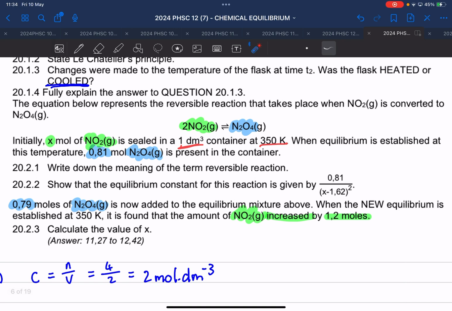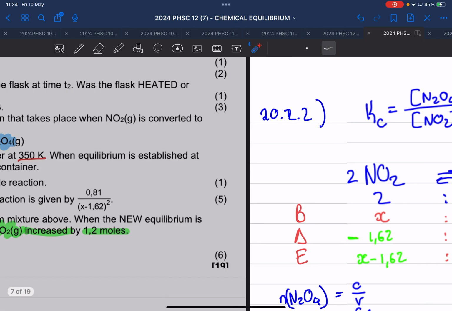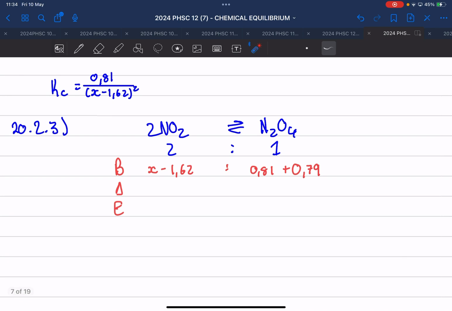Let's see what else they said. When the new equilibrium is established, it is found that the amount of our reactant increased by 1.2 moles. So that means our change is 1.2 moles. So at the end, we would have x minus 0.42.